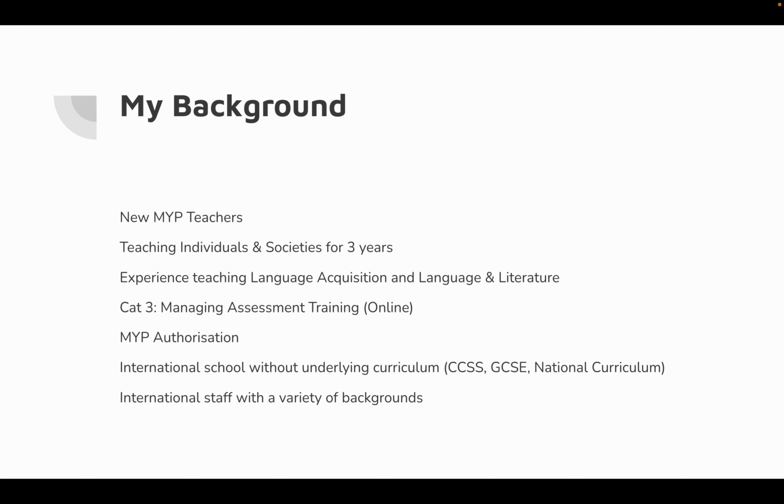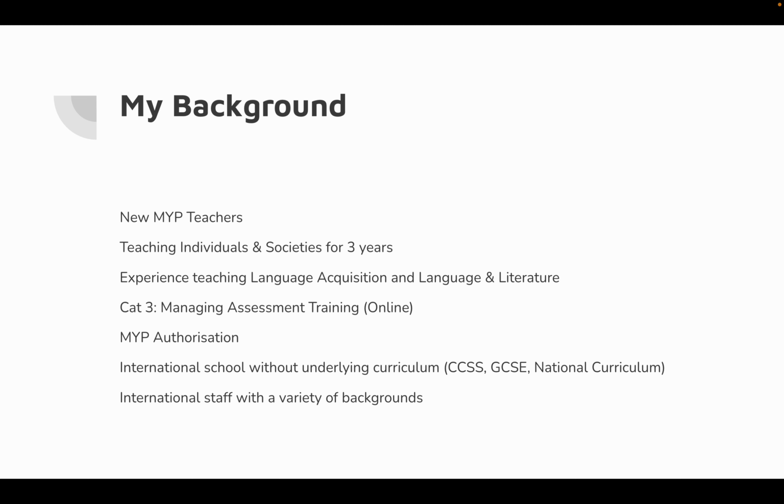So it can work in conjunction with a national curriculum or Common Core, for example, so that you could still carry out the IB and have these underlying standards as well. My school does not have these underlying standards. We only teach the MYP from grades 6 to 10. So this is what the students focus on, and this is where the teachers put all of their efforts into creating.